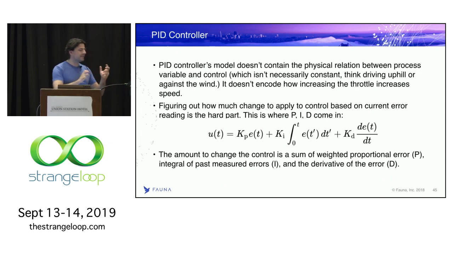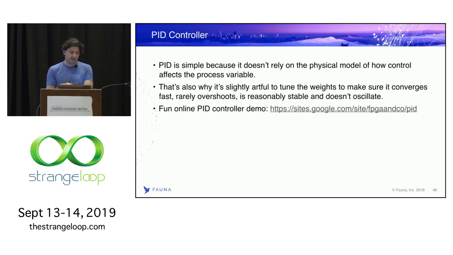And how do you weight these three? Because the K coefficients there are actually the weights between the proportional part, the integral part, and the derivative part, which will give the characteristic of the PID controller. And it's a bit of an art to tune the weights to make sure that it converges rather than overshoots.